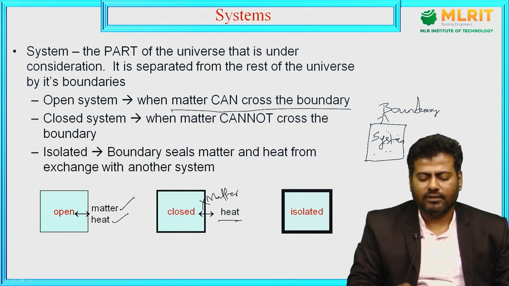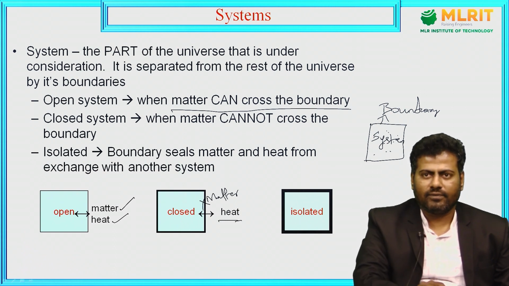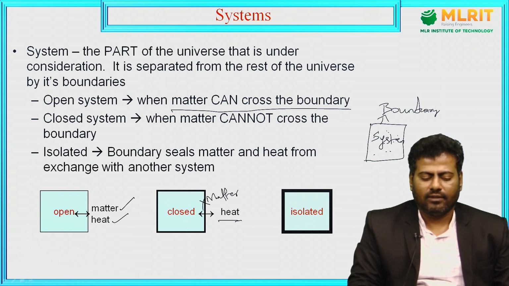In general, we call this a non-flow system. But the open system we consider a flow system. So those are the two differences based upon matter transfer as well as heat, or energy, transfer. Then the third one is the isolated system.